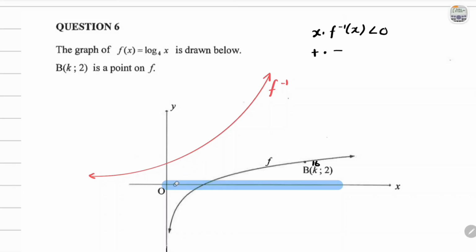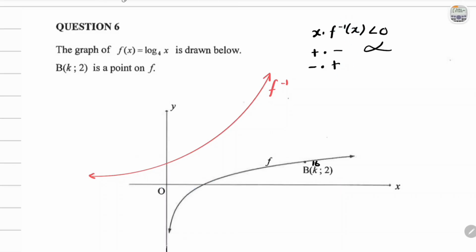Do you see that for these same x values, if you line that up, the y values of the inverse are all positive? If you match them to the y-axis, all of them have positive y values. So this case does not happen. Okay, we can look at the next case, where your x values are negative and the y values of the inverse are positive.